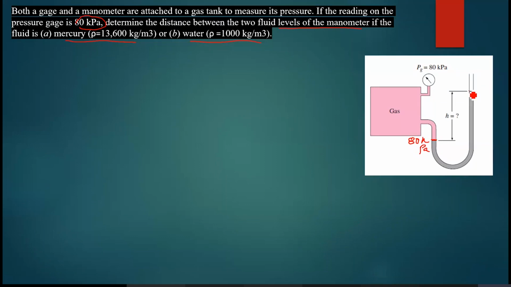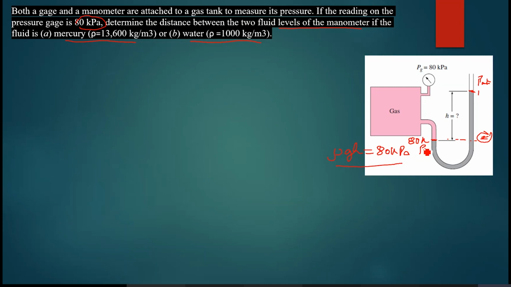And at this point, you will have the pressure of P atmospheric. What is the difference between the two pressures? If I start from point 1 and come to this level, point 2, the pressure basically increases by rho gh, and rho gh is essentially equivalent to 80 kilopascal.